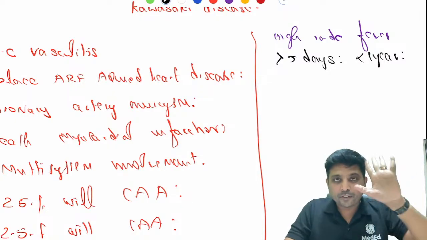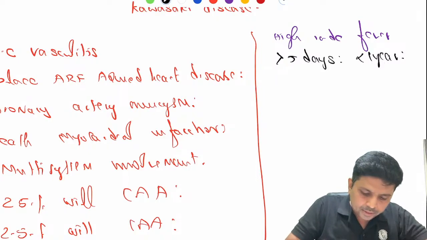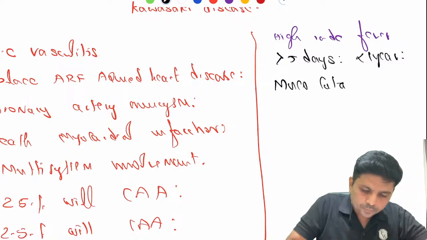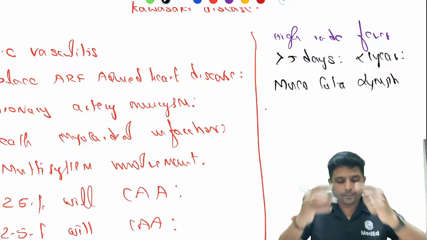So simple. 5 points. What are all the 5 points? You all know that Kawasaki disease is a mucocutaneous lymph node syndrome. So mucus means 2 points. What are all the 2 points? First one is eye.